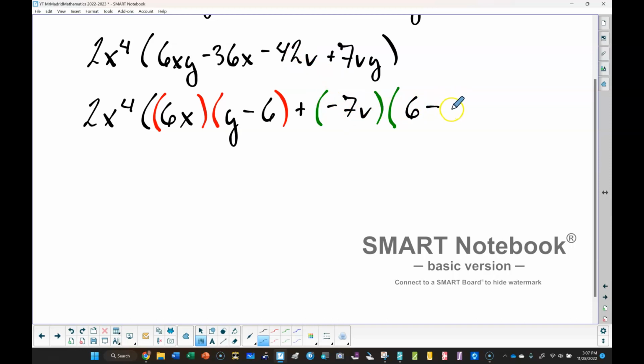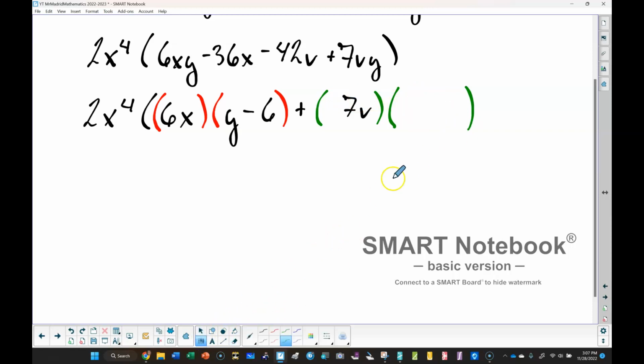Minus y. Okay, so this times this gives me that. Now, if I close it, okay, check this out. I have y minus 6 here, I have 6 minus y. I wish it was switched, so that means I should have left that positive, okay? Again, it's the same concept, but notice that here you have to think a little bit more. Maybe try it more than one way, that's fine.